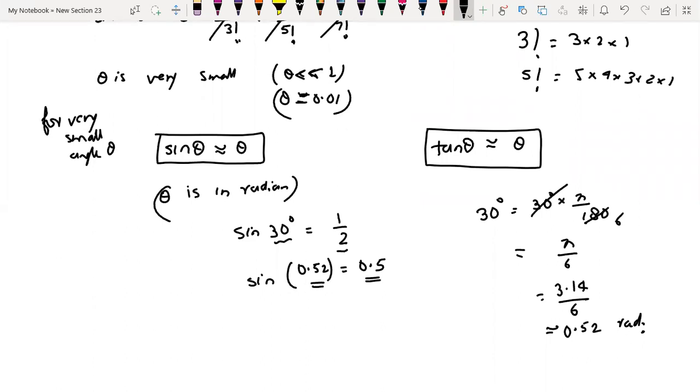So 30 degree is actually a smaller angle. It's not very big. But even for 30 degree, in degrees it seems to be bigger, actually in radians it is small.